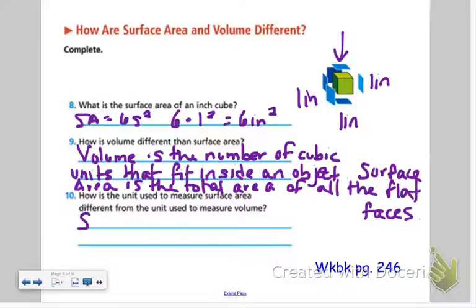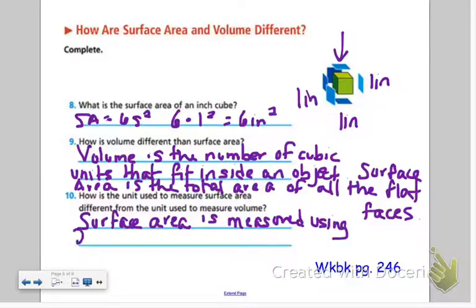Well, here we go. Surface area is measured using two-dimensional units, which are square units.